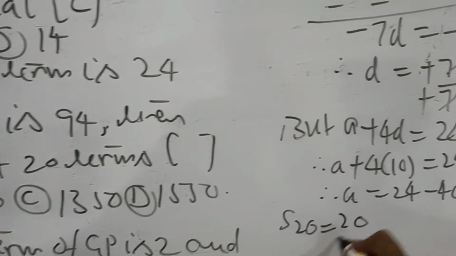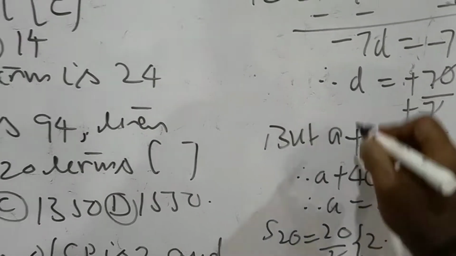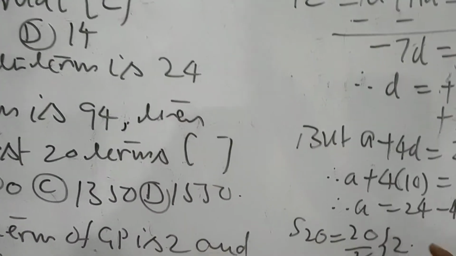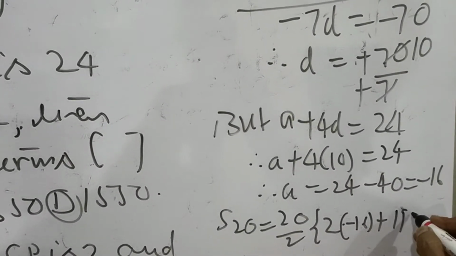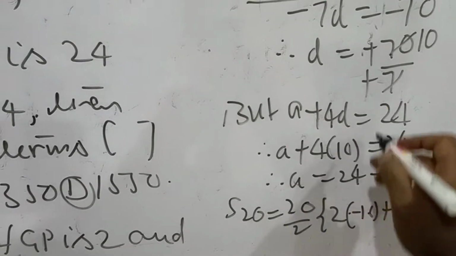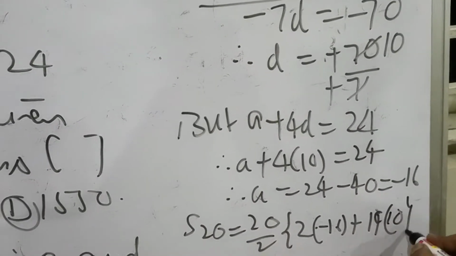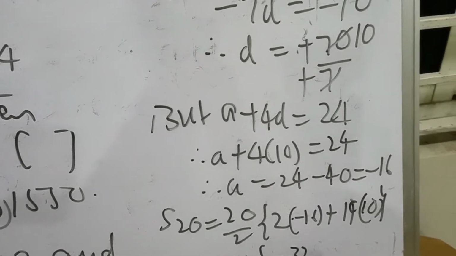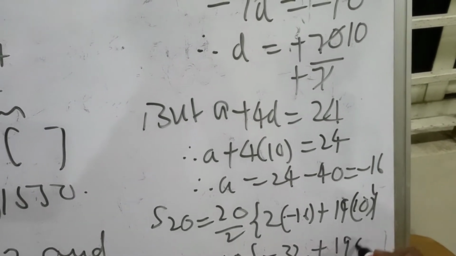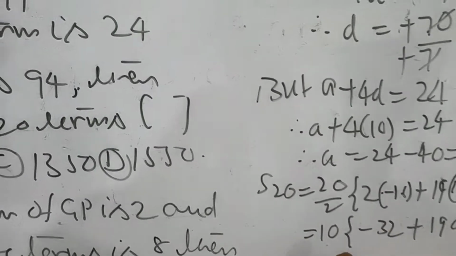Sum of 20 terms. Sn is equal to n by 2 into 2a plus n minus 1 into d. S20 is equal to 20 by 2 into 2 into minus 16 plus 20 minus 1, 19 into d, 10. Therefore, 10 into minus 32 plus 190.